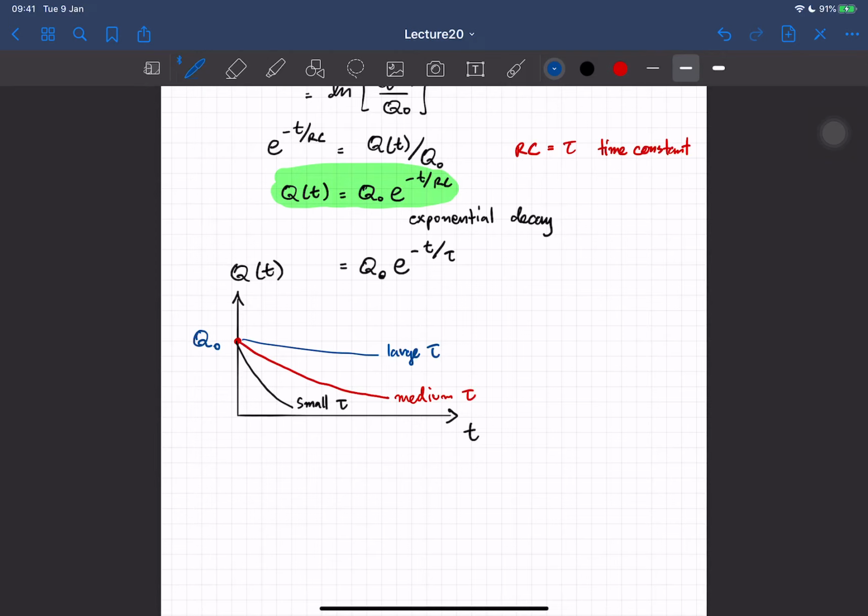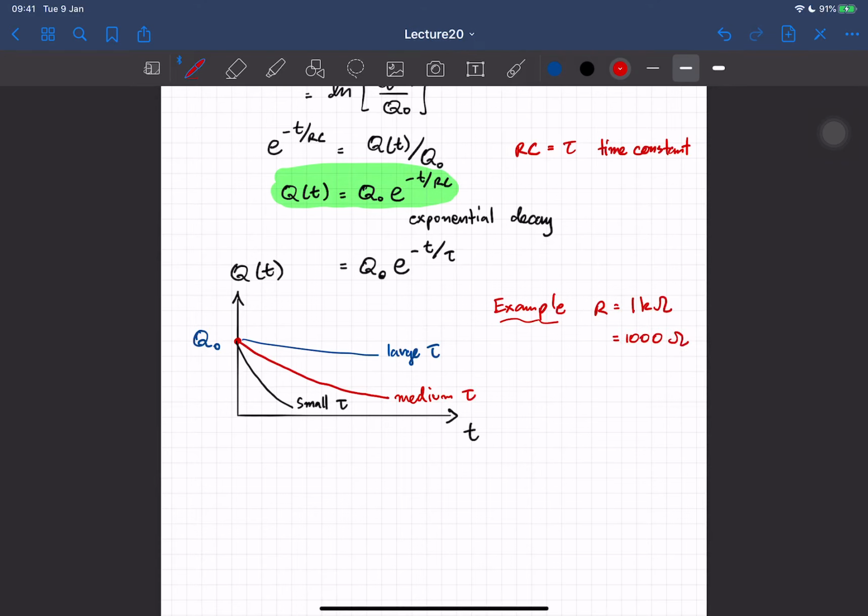Okay, at this point, maybe it's easier to just look at some example and get some idea of what's going on. So let's calculate the time constant for a generic value of resistance and capacitance. Suppose we have a discharging RC circuit with R equal to 1 kilo ohm, which is 1000 ohms.